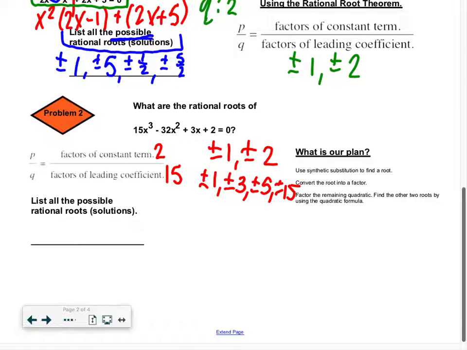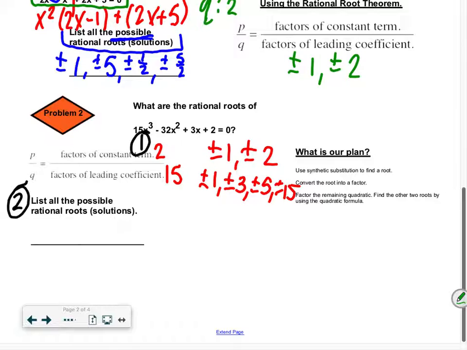So the factors of my constant, factors of my coefficient. So this is step 1. List your factors. Step 2. List your possible roots. Take your p's, each p divided by each q.